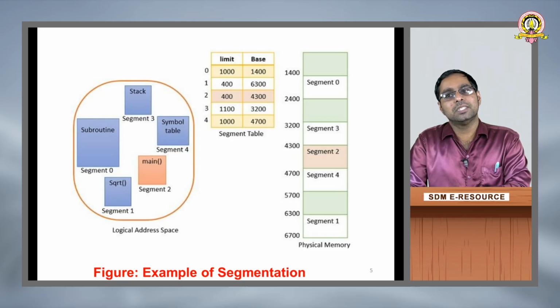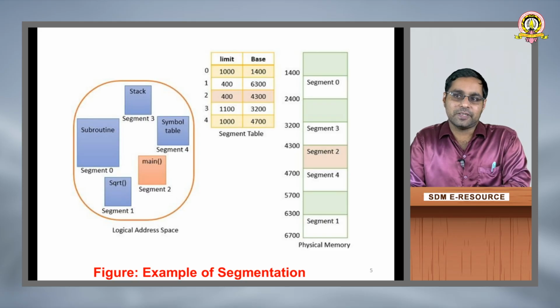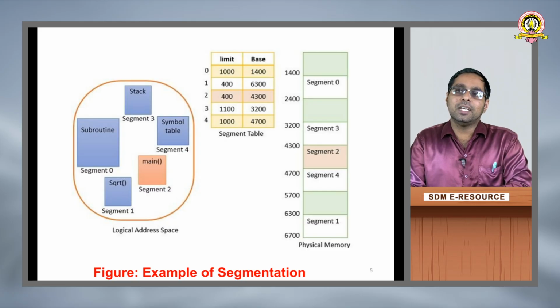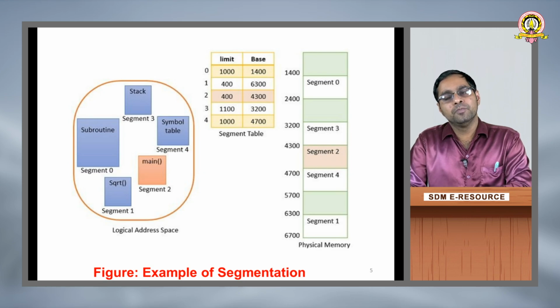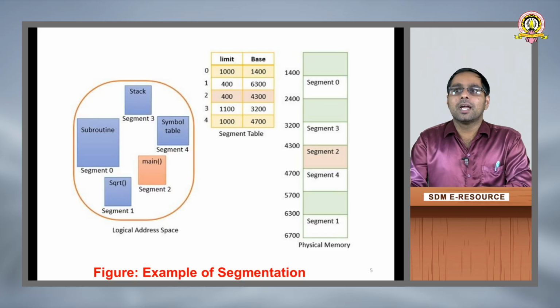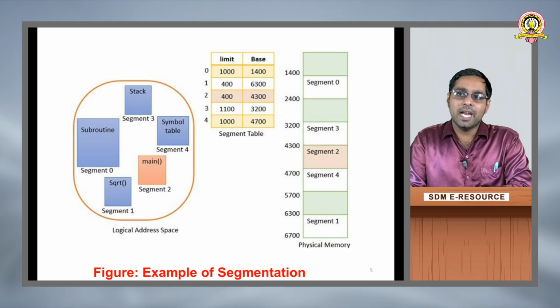So the segment table is required for mapping a 2-dimensional logical address to a physical address. The segment table contains many entries and each entry contains 2 fields, base and limit. You can observe that there are 5 segments numbered from 0 to 4, and each entry contains base and limit.